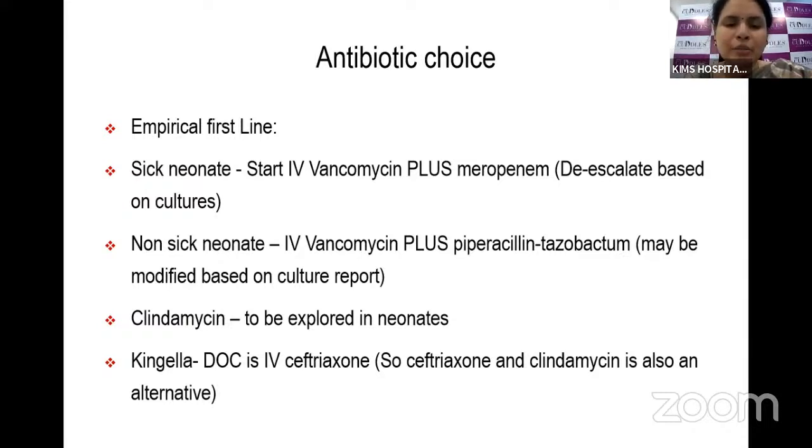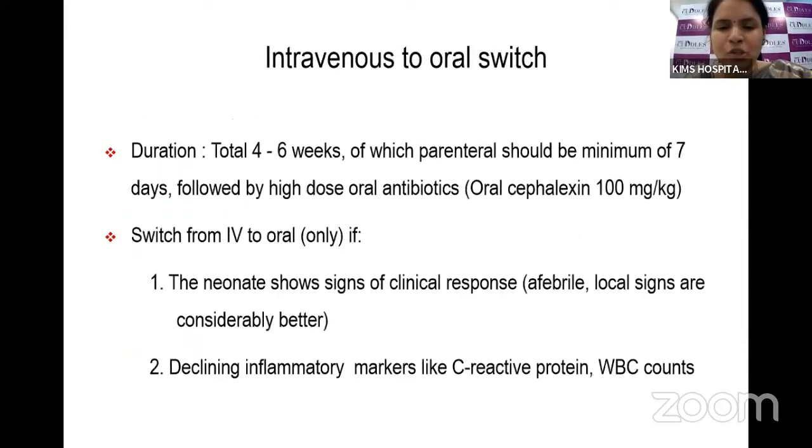In general, the combination for septic arthritis would be IV vancomycin to cover methicillin-resistant Staph aureus and fairly broad-spectrum gram-negative coverage, meropenem or piperacillin tazobactam, based on the baby's sickness level.